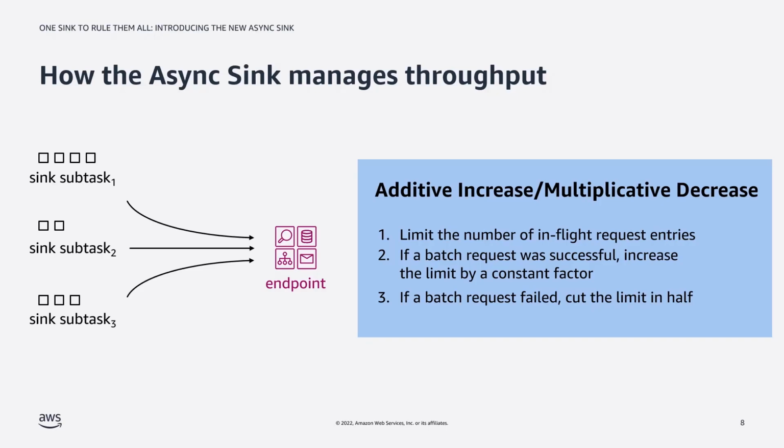And if you look at the AIMD strategy, there are results that show that if every producer uses AIMD, each individual subtask converges to an equal throughput usage. So every subtask gets a fair share. So we are saturating the endpoint, but we're not overloading it. And every producer gets roughly the same throughput, which is great.